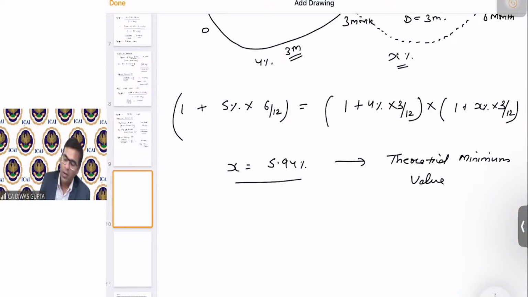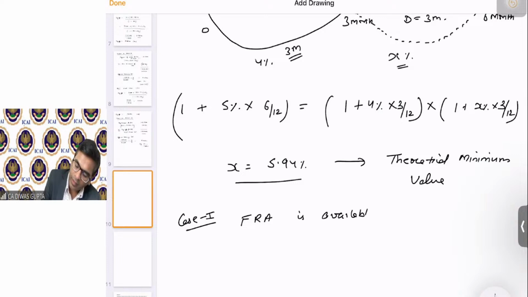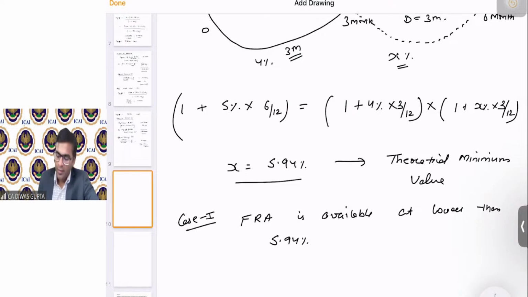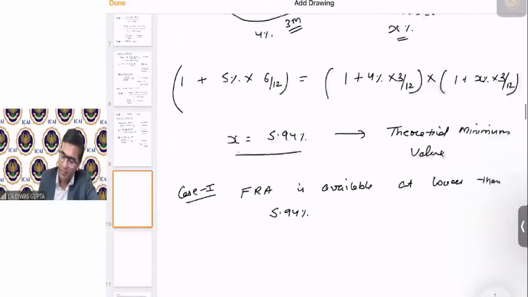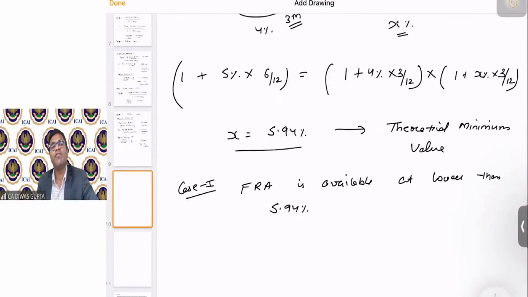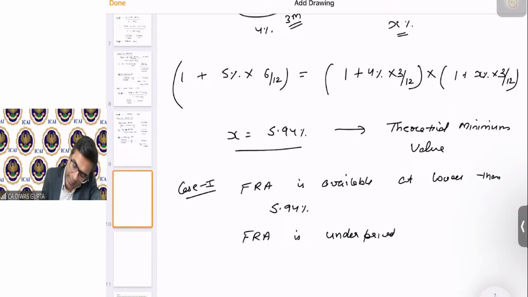Understood till now? Now, let's assume in case 1, the FRA is available at lower than 5.94%. If the FRA is available at any percentage lower than 5.94, then what will we say? FRA is underpriced.